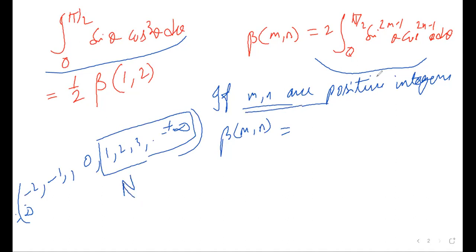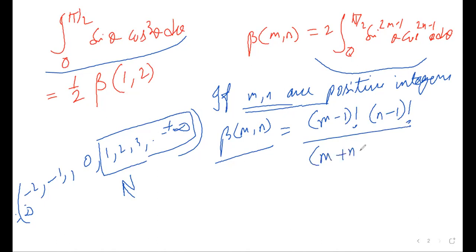So if m and n are natural numbers, then beta m n can be represented as m minus 1 factorial n minus 1 factorial divided by m plus n minus 1 factorial. This is the fourth property, and we have to use this property to find beta 1 comma 2.